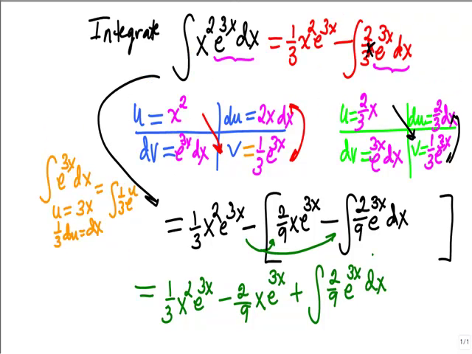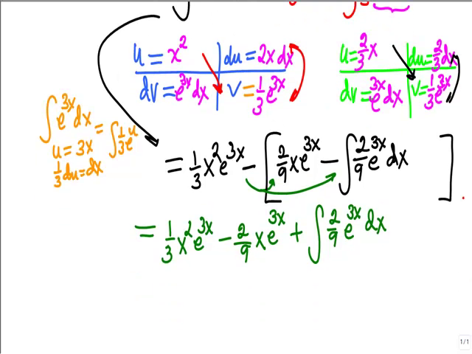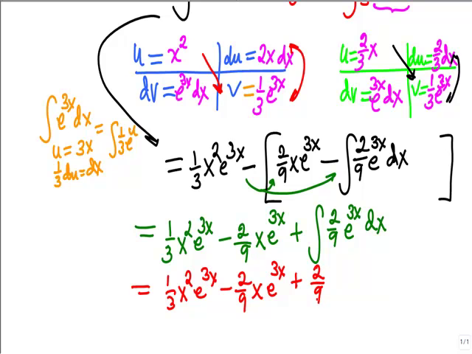So now, using what we had here, we're going to put a third in front of this. Okay, so working this out, this becomes 1/3 x squared e to the 3x minus 2/9 x e to the 3x plus, we've got the 2/9, now we're going to put a third e to the 3x, plus constant.